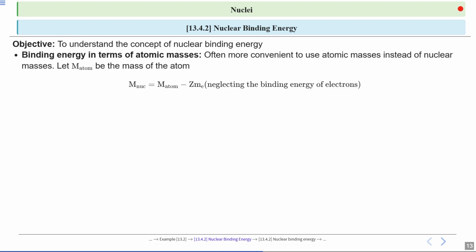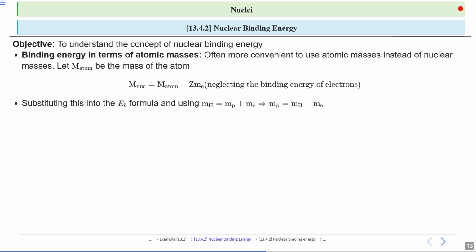Let's start by looking at binding energy in terms of atomic masses. It's often easier to use the mass of the whole atom rather than just the nucleus. Let M_atom be the mass of the atom, and we can find the mass of the nucleus M_nuc by subtracting the mass of all electrons, which is Z multiplied by Me, from the atomic mass.